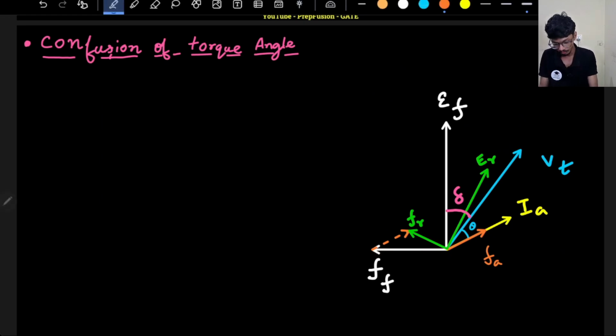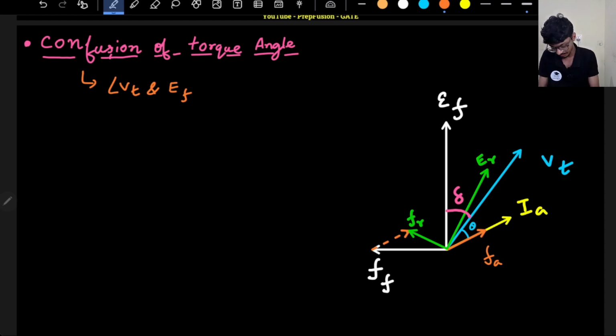The torque angle is always the angle between Vt and Ef. That is the end of the discussion.